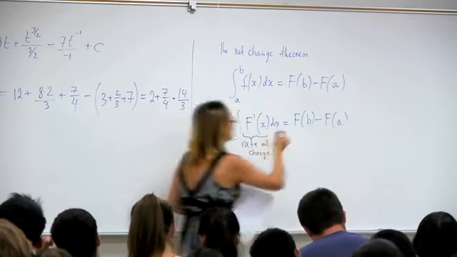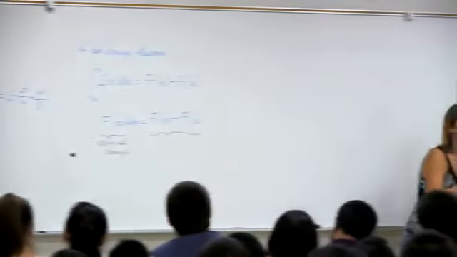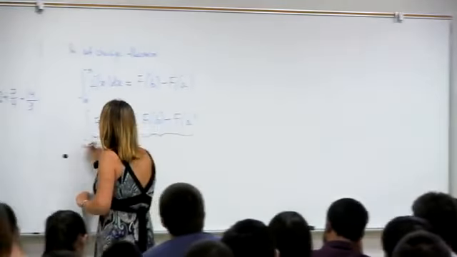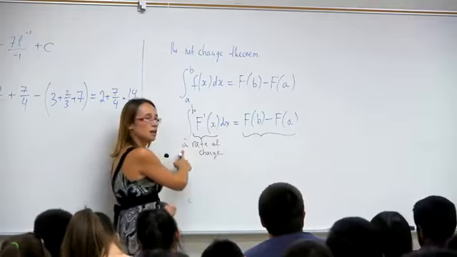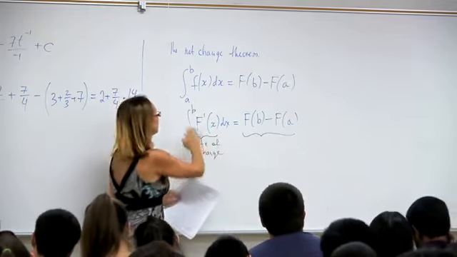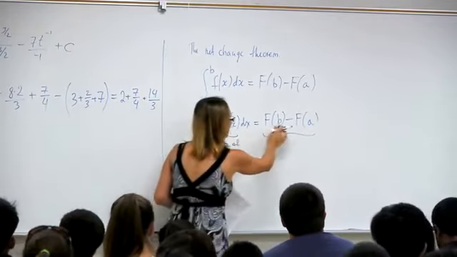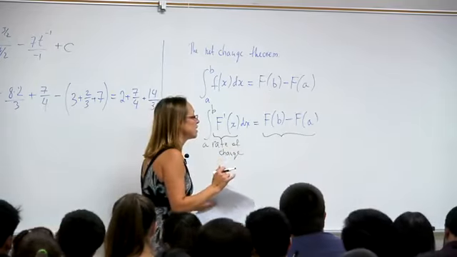The quantity on the right compares f of b with f of a. There are limits of integration here. So we start at time a and run the experiment or whatever we are dealing with until time b. So the quantity on the right tells me the value at time b minus the value at time a.